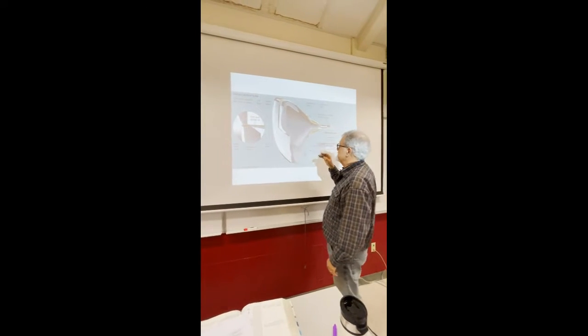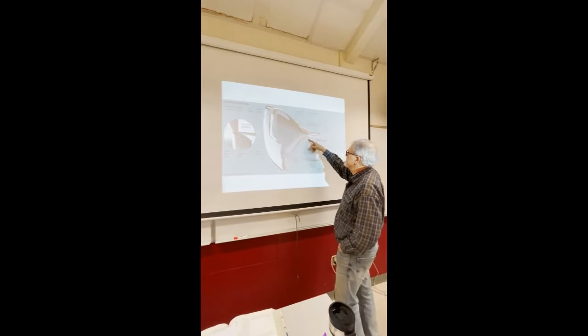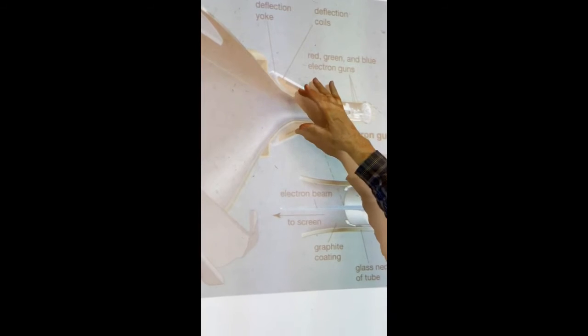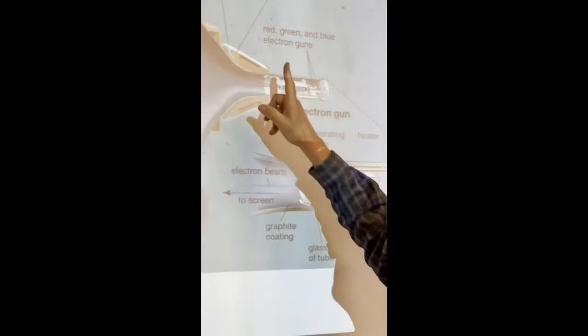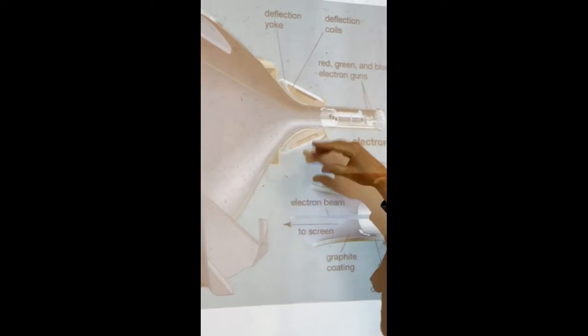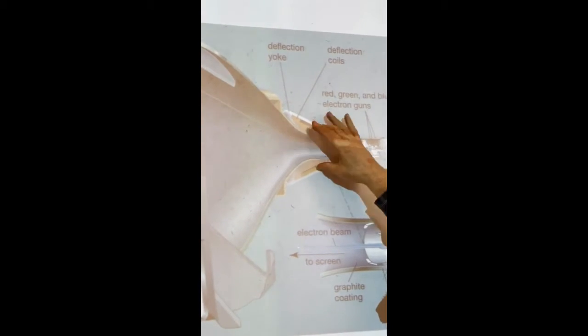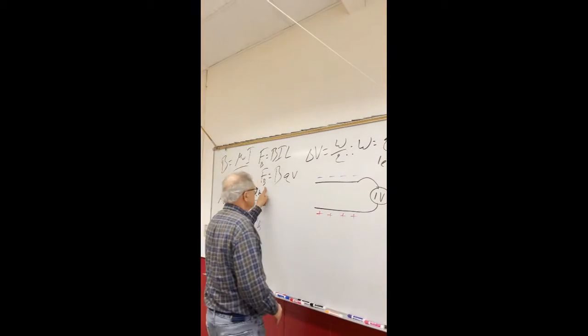We're interested in the deflection coils. These are electromagnets that you can change the polarity of, and you can change the intensity of. As the magnetic field these make becomes more intense, you get a stronger force.